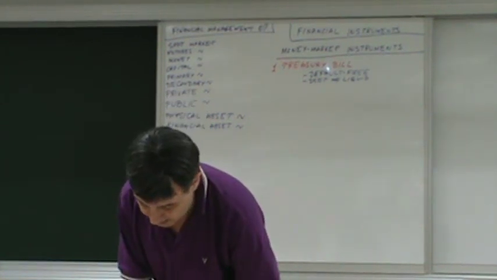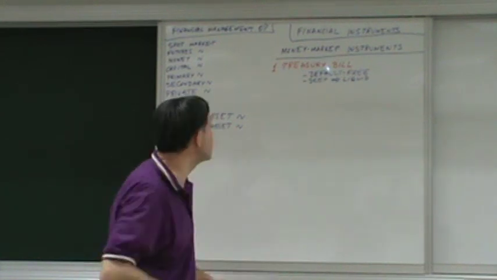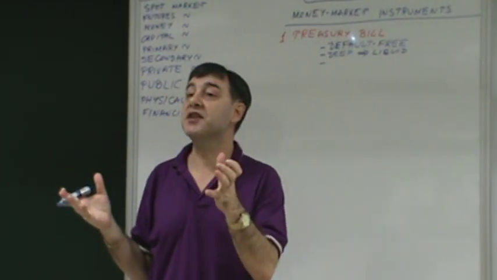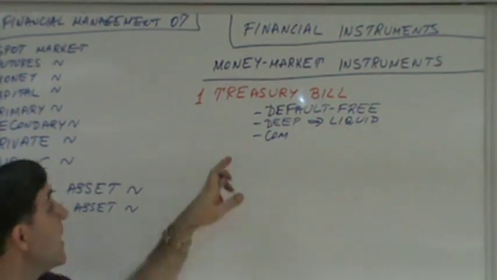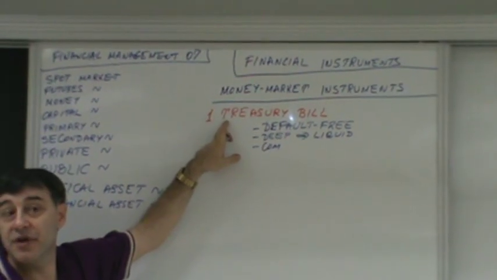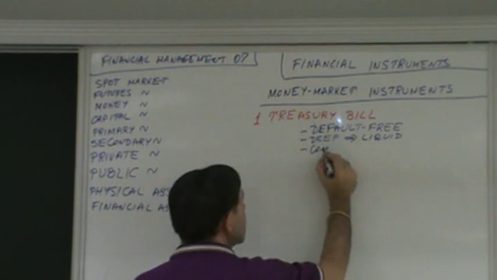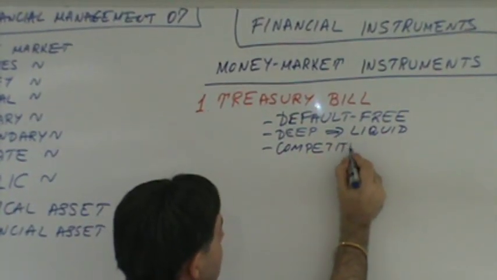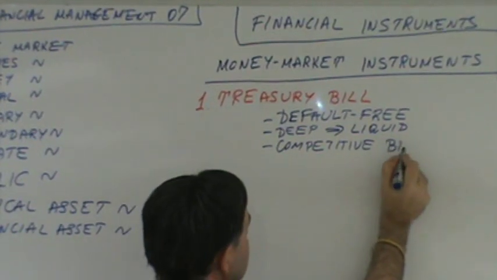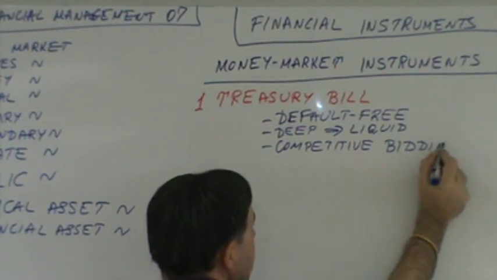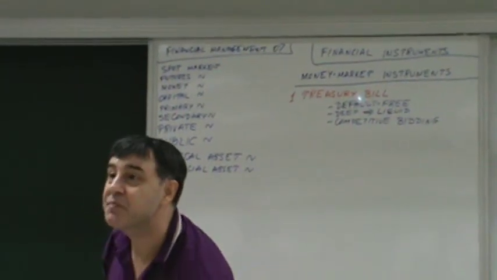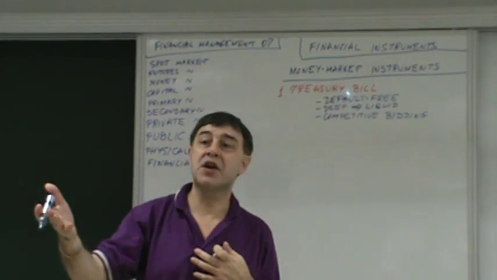So, let's move on. The market runs in two ways. The first way is called competitive bidding. Now I'm beginning to explain how the Treasury Bill market works. It works with competitive bidding, where investors simply submit their bids.